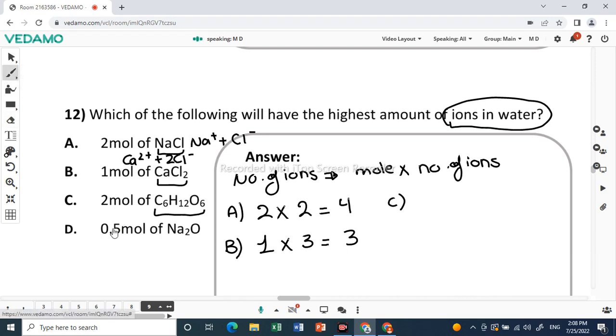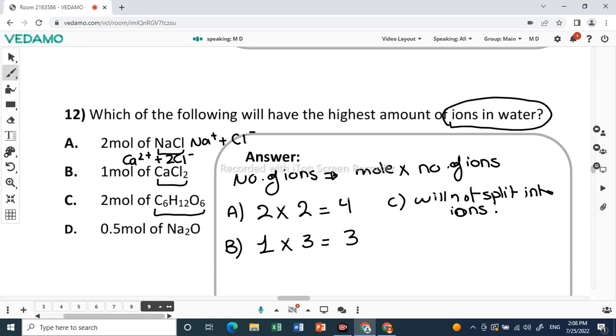So there is an idea here. It will not split into ions. So I cannot think about it at all. Talking about ions, the type of bond, ionic compounds, molecular compounds, these ideas are all presented inside chapter number 4.